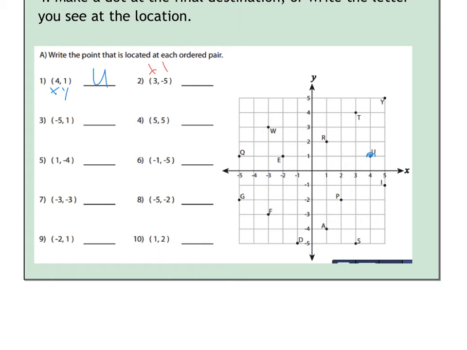For (3, -5), I'm going to go to the right 3 from the origin, and -5 is down, so I go down 5, and I am at S for that point.